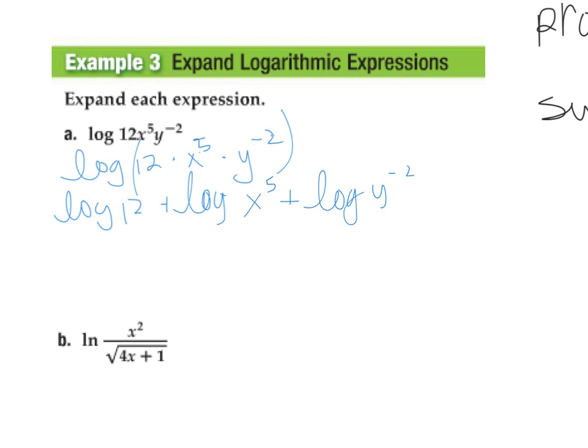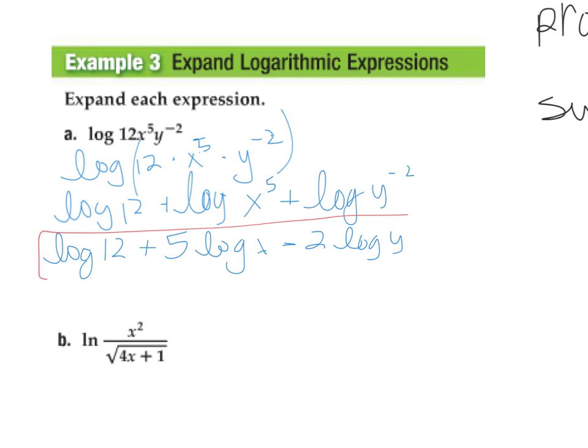Now I know that if I have an exponent, it needs to come out front, so that would be my next step, and I would say log 12 plus 5 log x, and then we have a negative exponent, so when we're bringing that out in front, that's going to make that a negative or minus 2 log y. And so there's my answer.